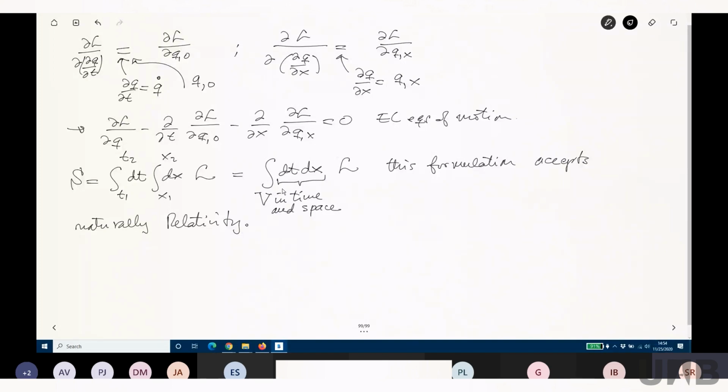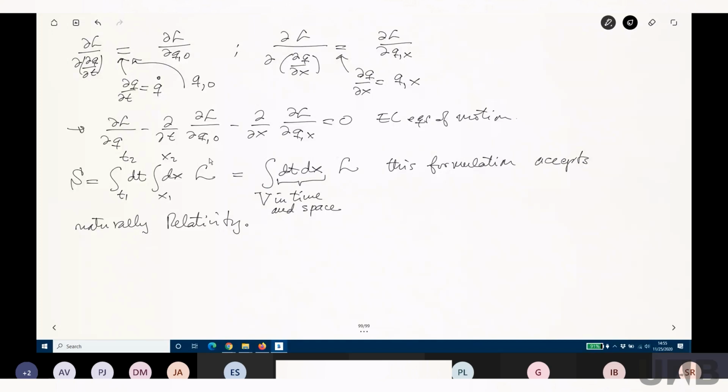Of course, the fact that the action is written as an integral over the whole time and space volume of the Lagrangian density doesn't make all theories relativistically invariant. This is clear, right? This is one piece which is relativistically invariant, but that doesn't make the whole action relativistically invariant. So what is the extra condition that we need to make the whole theory relativistically invariant? What do you guys think?